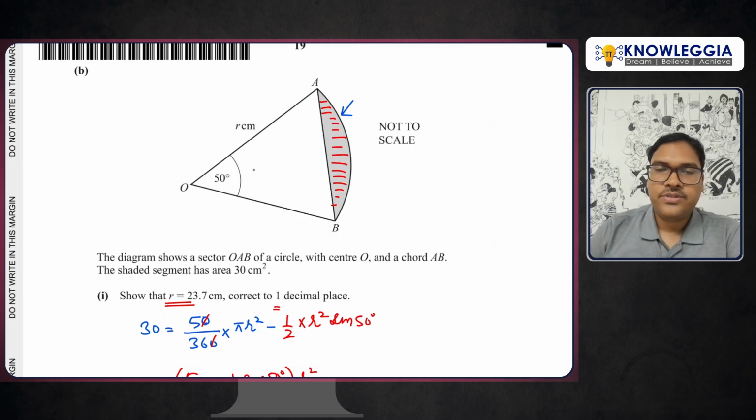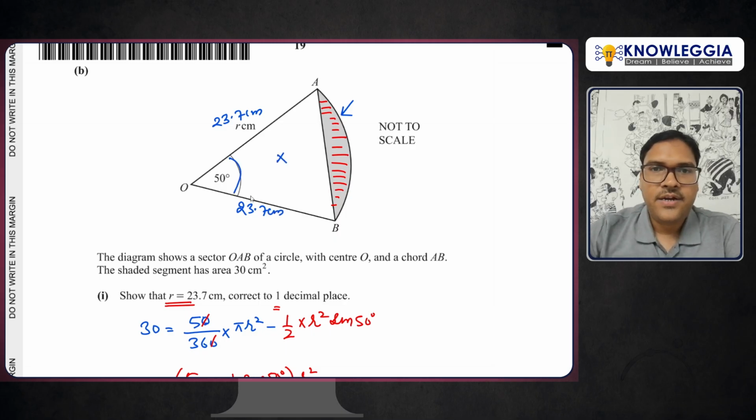So R we have calculated, this is 23.7. Now to calculate the length of AB, we know this is 23.7 centimeters. This is also 23.7 centimeters, and we know the angle between them. So in this triangle, you can apply the cosine rule and find the side AB. So let's apply the cosine rule.